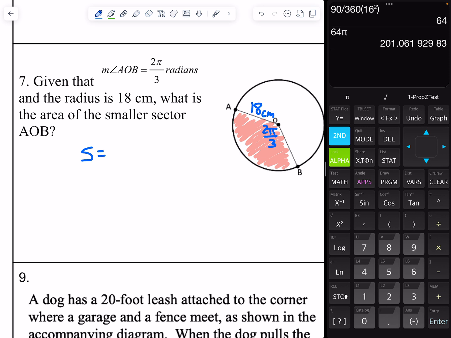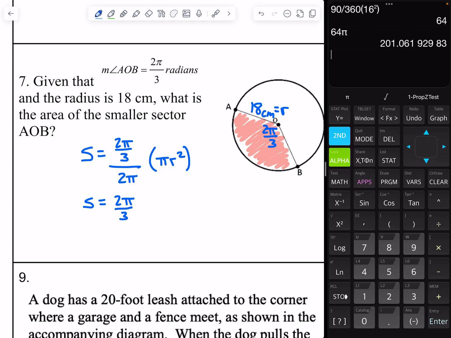So the sector would be the angle, which is 2 pi over 3, divided by the total amount of the circle, which is 2 pi. And then we have to multiply by the formula for the area of the circle, which is pi r squared. And then we know the radius is 18. So I'm just going to rewrite that a little bit. So 2 pi divided by 3 is already a fraction.